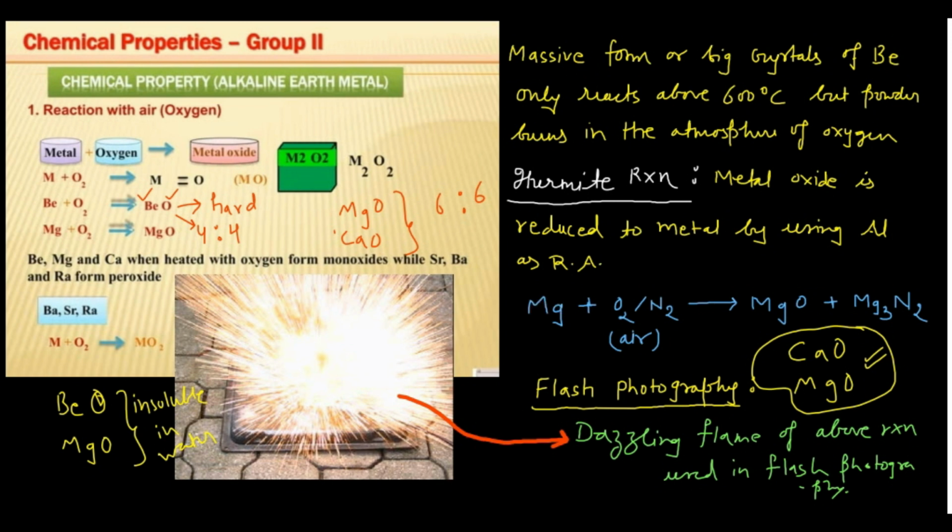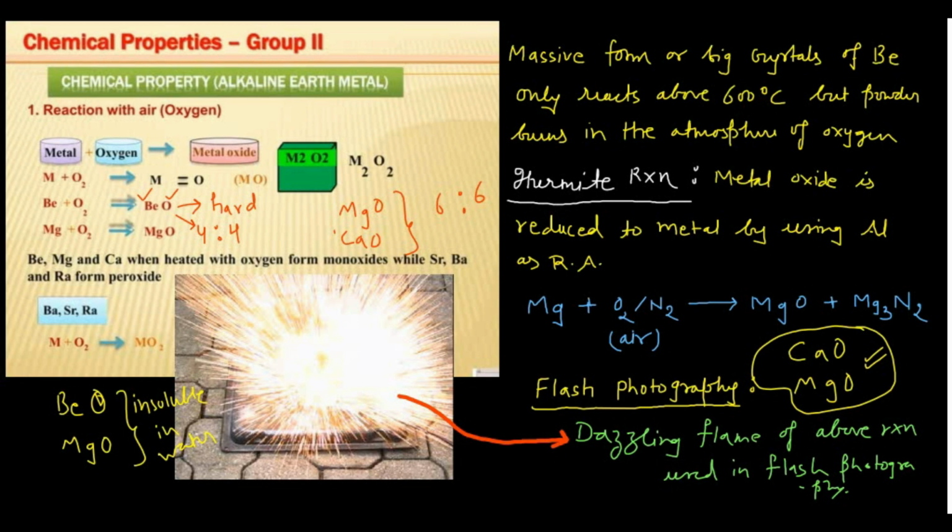Then next is the reactivity. The massive form or big crystals of beryllium only react above 600 degrees centigrade. That means towards oxygen, beryllium is unreactive. So if you want to burn beryllium in oxygen, that would be a very hard reaction, because beryllium only reacts with oxygen above 600 degrees centigrade.